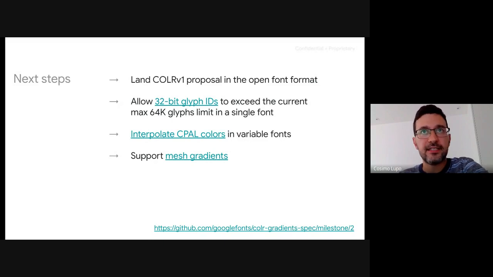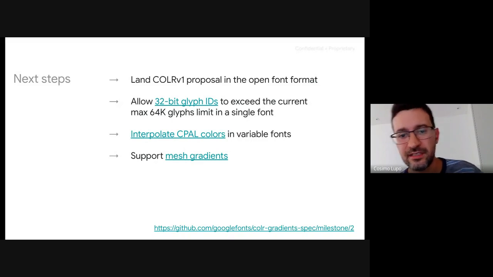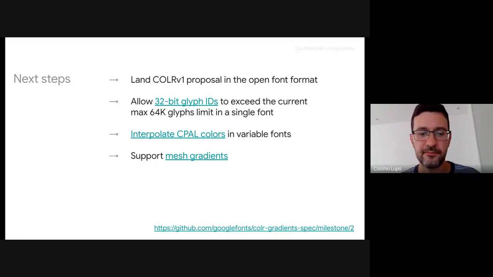Then finally, there were some discussions on supporting advanced gradients like mesh gradients, like Illustrator or SVG2 has. But we will see later, because we wanted to do it immediately, but then we decided to push it to a future refinement of the spec, because otherwise there would be too much pork in the bill, as they say.